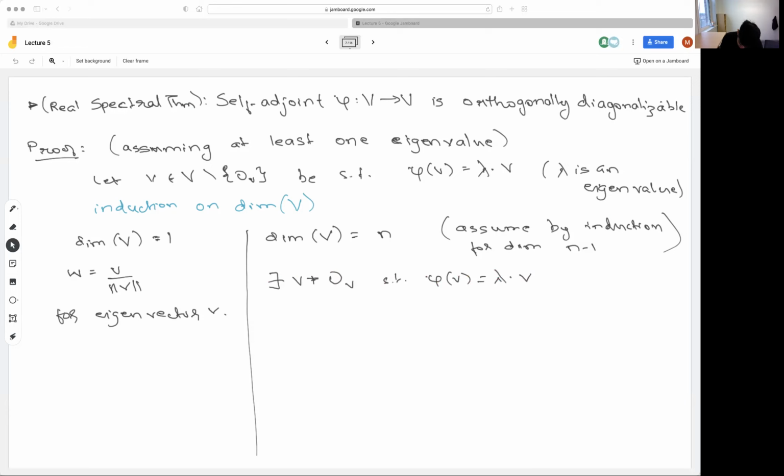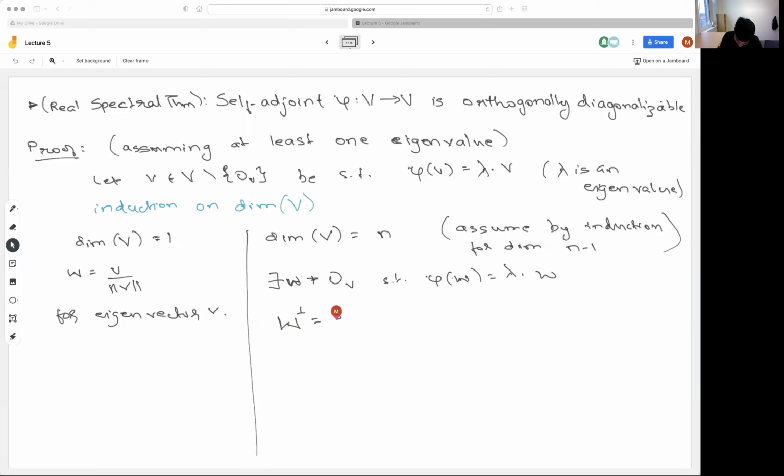Now let's define this space W, or rather, actually, maybe I should call this eigenvector W, just so that I'm using consistent notation for the space.